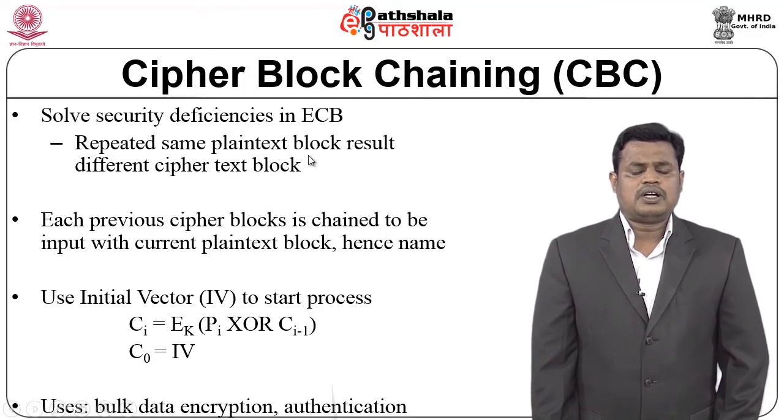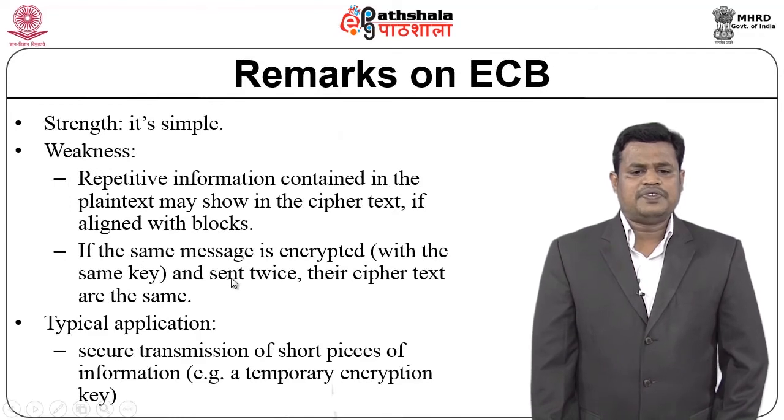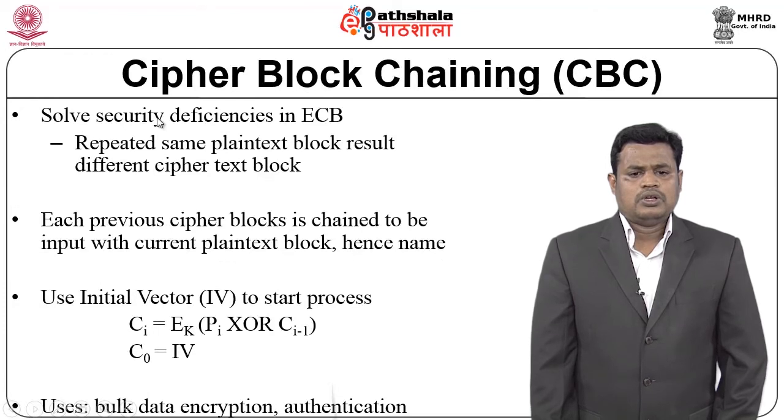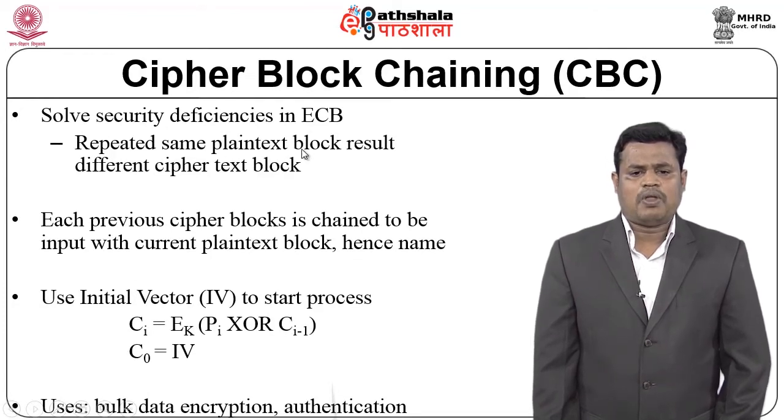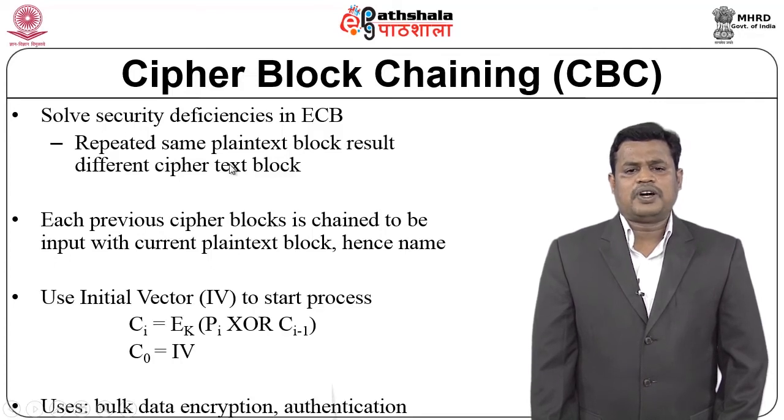Next comes cipher block chaining, which overcomes the deficiency of ECB. What is the deficiency? The repetitive information contained in the plain text may show in the ciphertext, since each block is independent. Another issue is that if the same message is encrypted and sent twice, the ciphertext is also the same. In CBC, repeated identical plain text blocks result in different ciphertext.